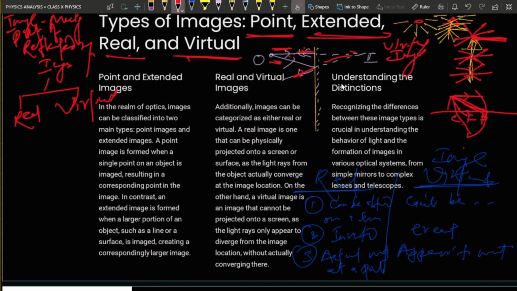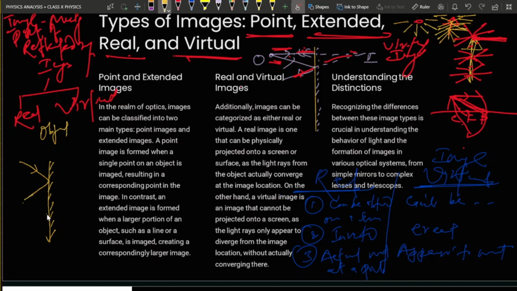Just like an image, in the case of an object also, objects can be real or virtual. I am giving you one case. Let me consider this is the mirror, and this is the polished, reflecting surface at the front side. Consider light rays coming like this; this is the incident ray, which after reflection goes along this way.